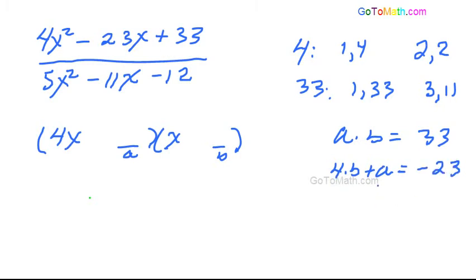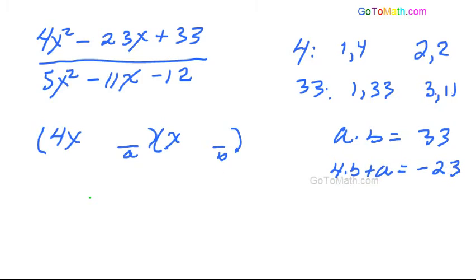Negative 23. Now let's take a look at this. If I put 4 times 33, that's a huge number, so we know that's not going to be it. Or if it was 4 times 1 and then a 33, that's not going to give us a negative 23. So we're going to have to look at 3 and 11 here.